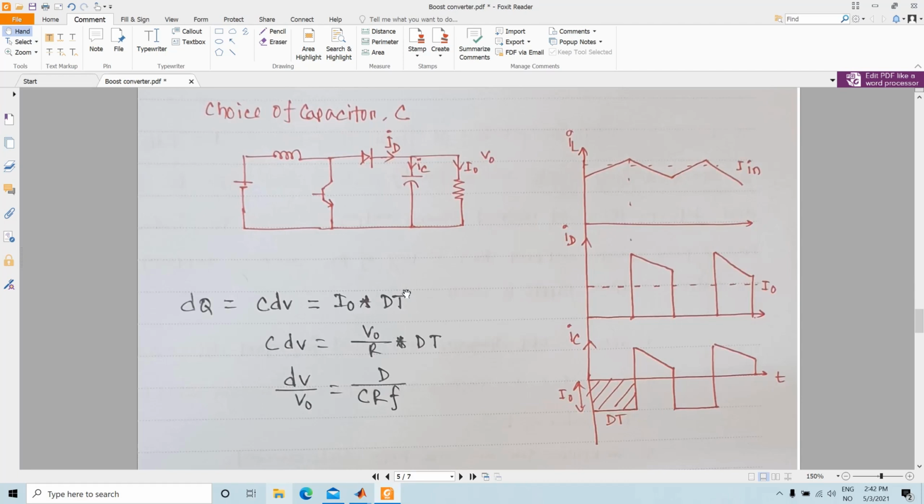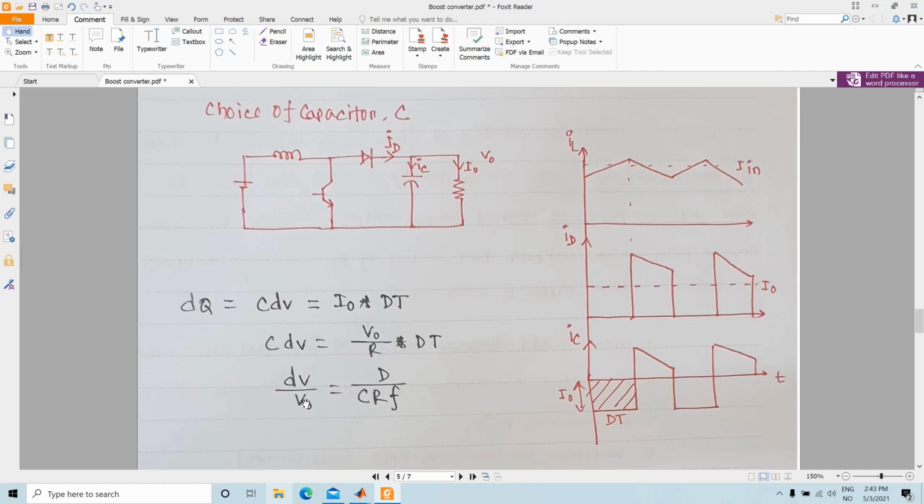So I naught multiplied by dt equals dq, which can also be written as C dV. So your C dV is basically V out divided by R. So basically I naught is V out divided by R, multiplied by dt, and from here you get this dV by V naught. This is the ripple, the percentage ripple.